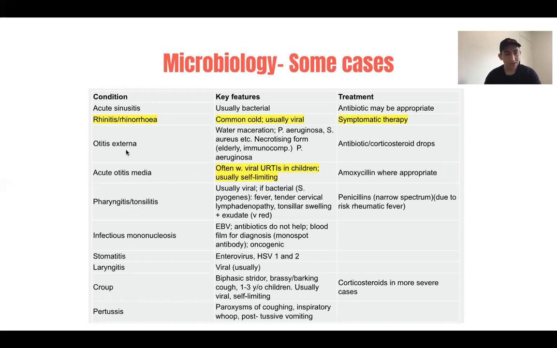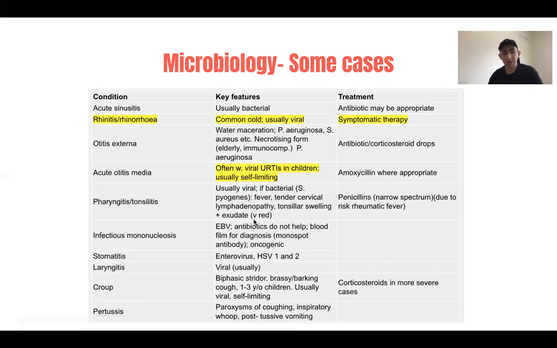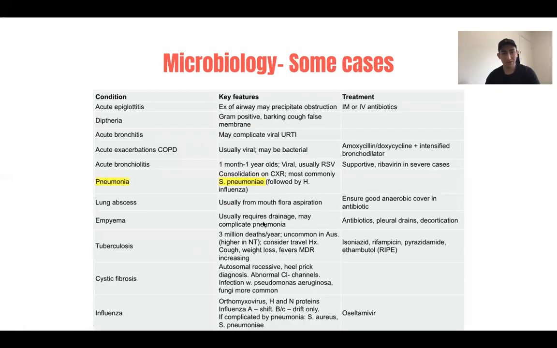Perfect. You need to know that otitis externa can often cause long-term hearing loss if not managed well, which is why you also provide corticosteroid therapy to reduce the levels of inflammation. Croup can often cause a biphasic stridor, in which case, again, you would use corticosteroids. Okay, you get the hang of it. So broad-spectrum antibiotics followed by steroids if you want to reduce the levels of inflammation.